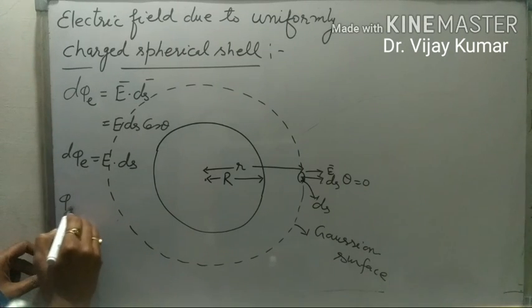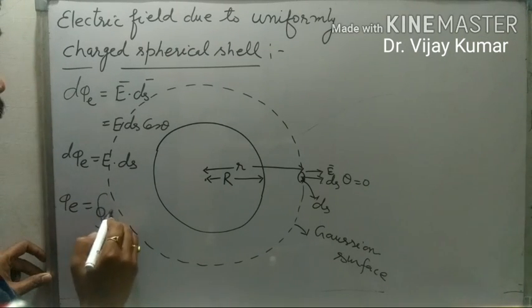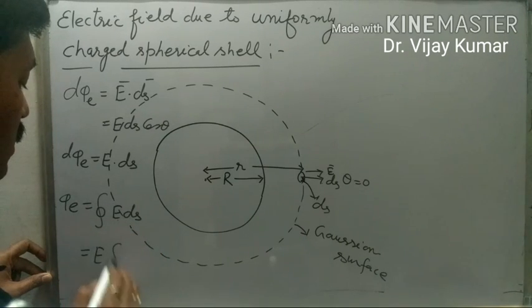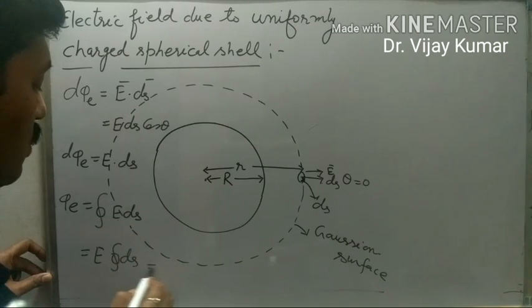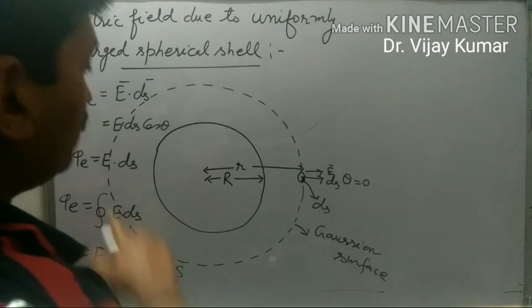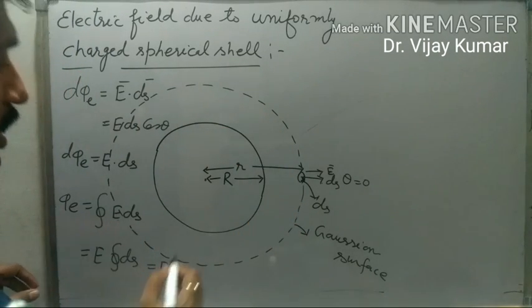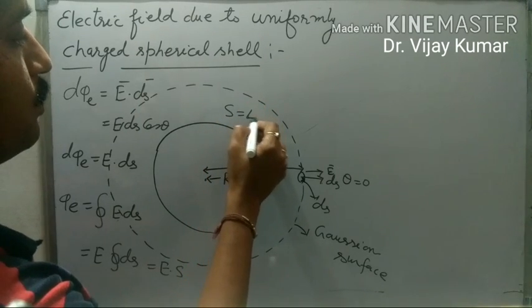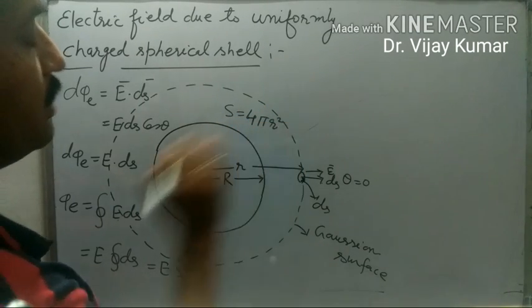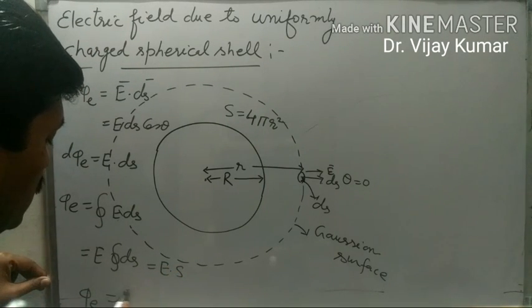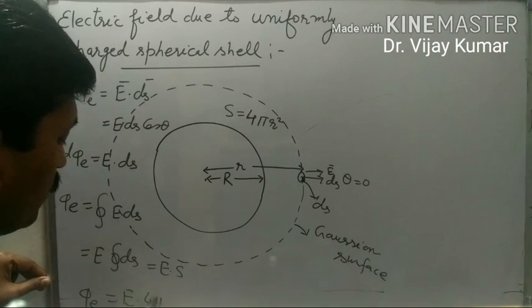The electric flux is the closed integral of E ds, with E constant, the closed integral of ds, or E into S. S represents the surface area of this spherical shell, and we know that the surface area of a sphere is 4 pi r square, so phi is equal to E into 4 pi r square.